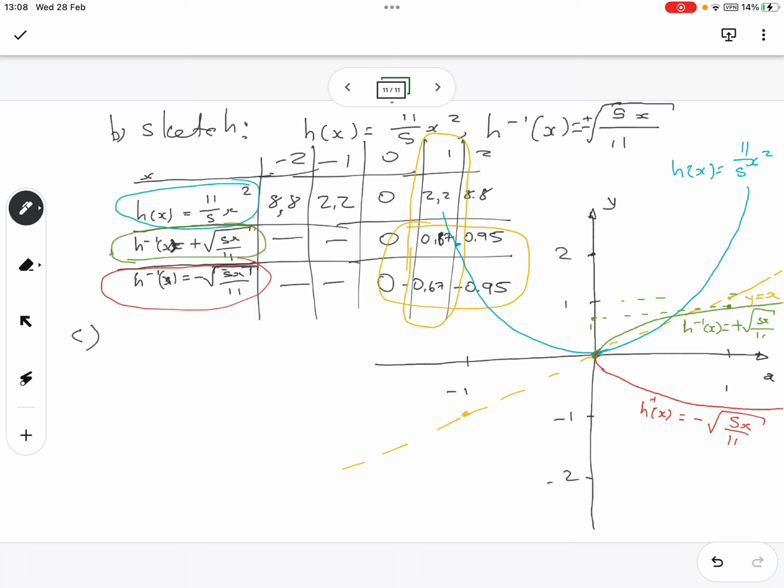So if we restrict the x values of h inverse, then we will have h inverse of x is positive root 5x over 11, but x must be greater than or equal to 0, and we can also do that for the negative, such that x is greater than or equal to 0.